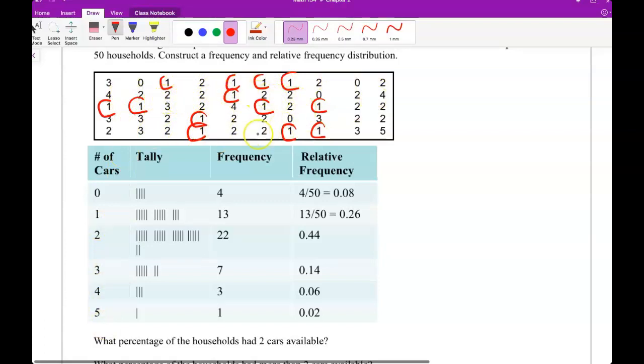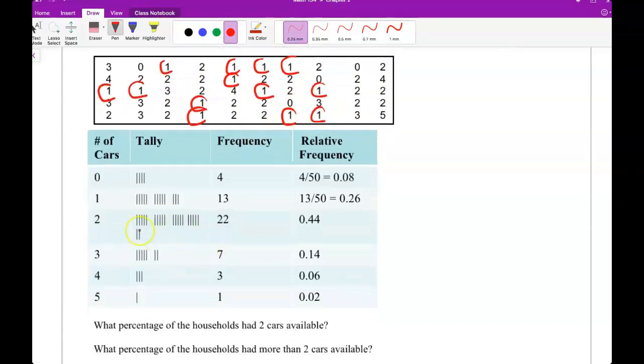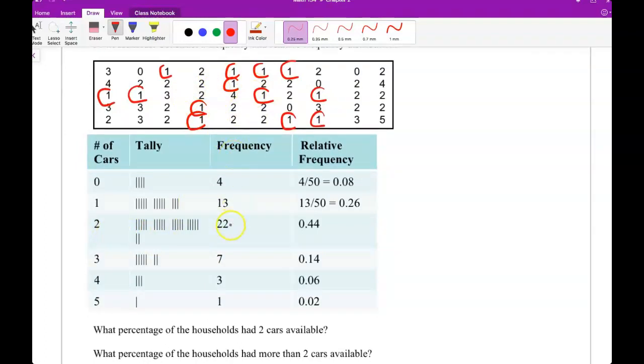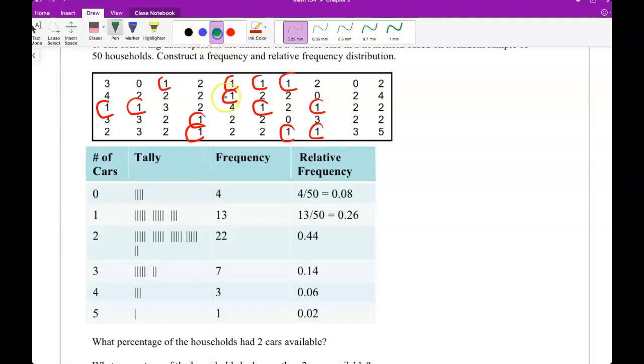So 0, 1, 2, 3, 4, 5. How many 2s do we have here? We have 22. 3s are 7, 4s we have 3, and for 5 we only have 1. That's this one.